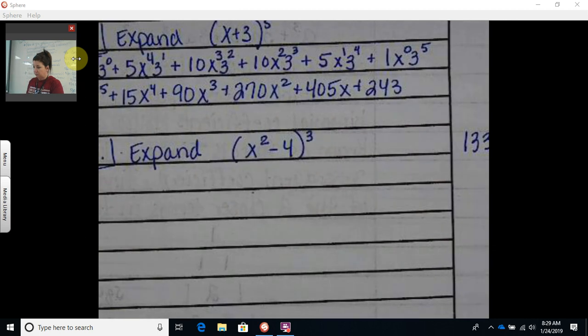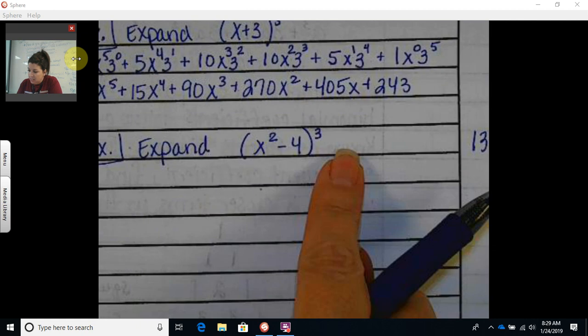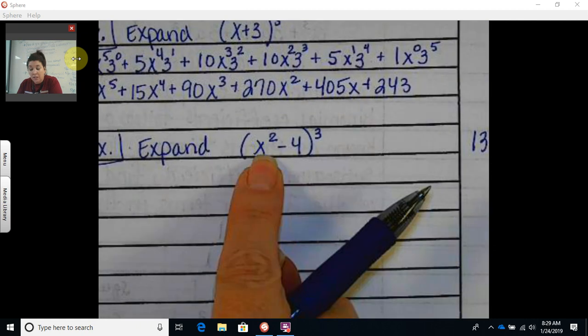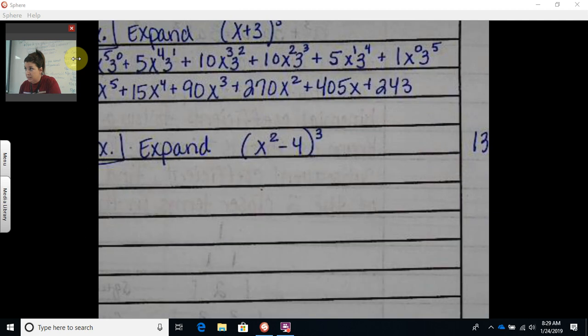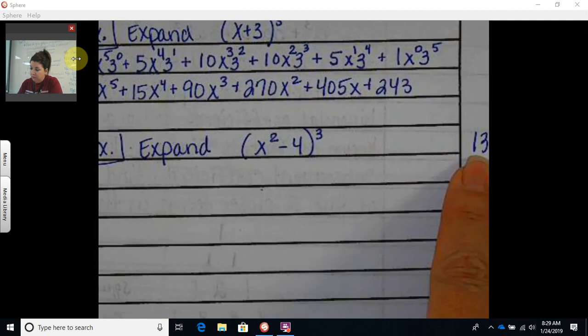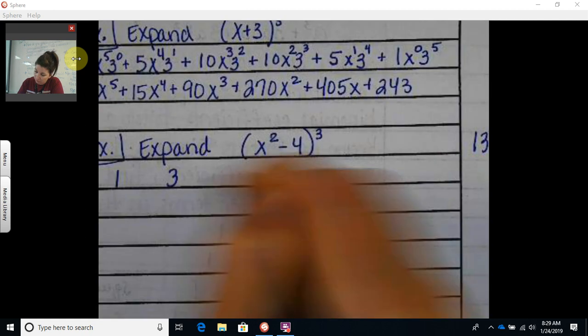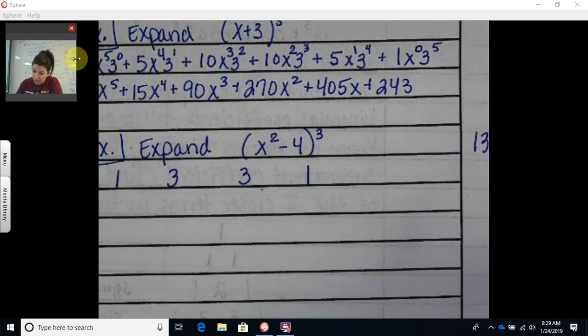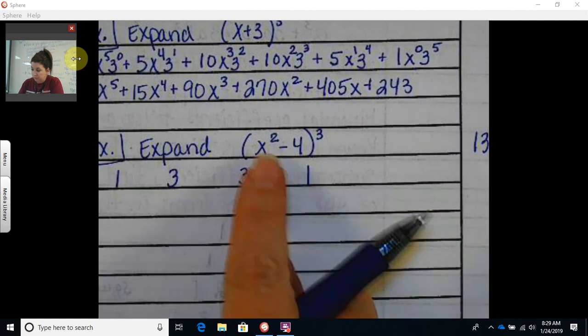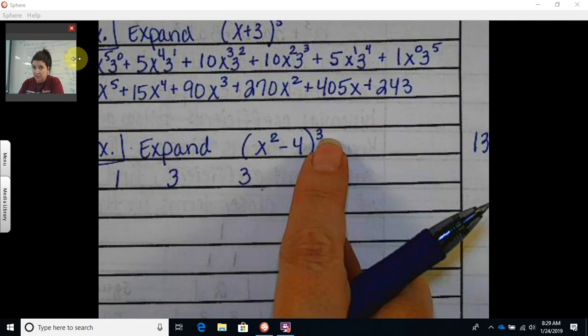Okay, all right, so this one's going to be a little bit weird because this x is being squared and we have the number, but just follow the pattern, take it one step at a time, all right? So we know our coefficients are 1, 3, 3, 1. Our degrees are 3. It's our highest degree. So our first term is going to be raised to the third power.